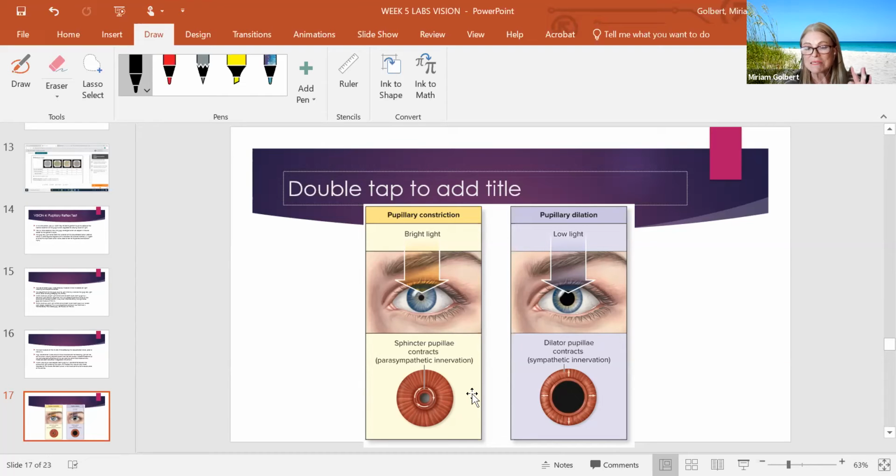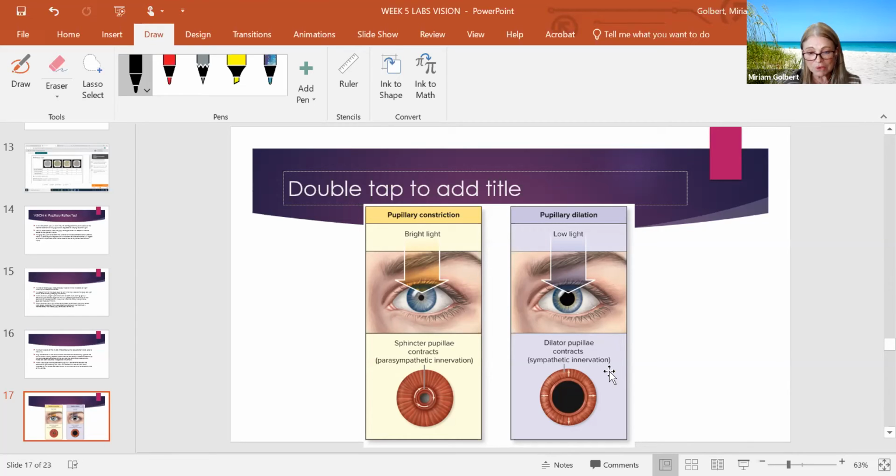So that's parasympathetic, right? And then the opposite, when you don't have a lot of light, your pupil wants to dilate because you want to make sure that you get as much light as possible in order to form an image, trying to see something, and that's your sympathetic innervation.